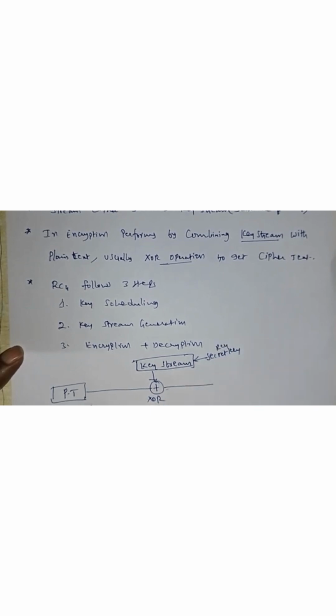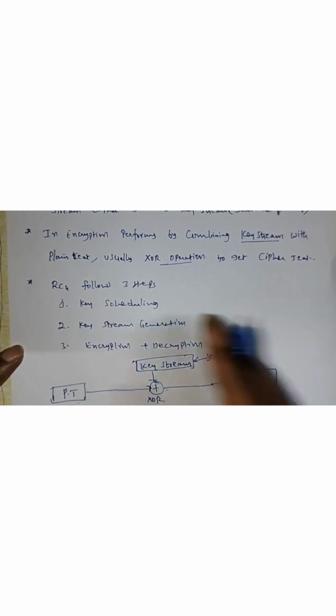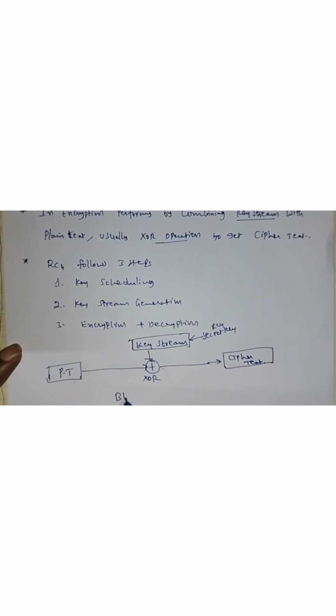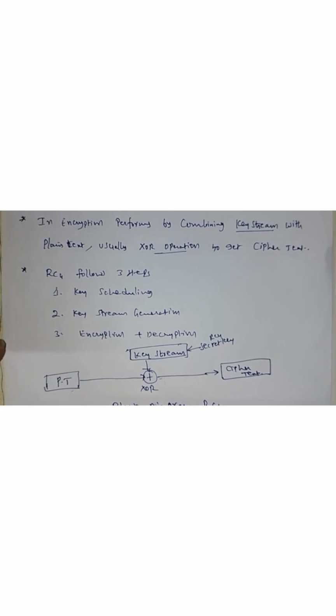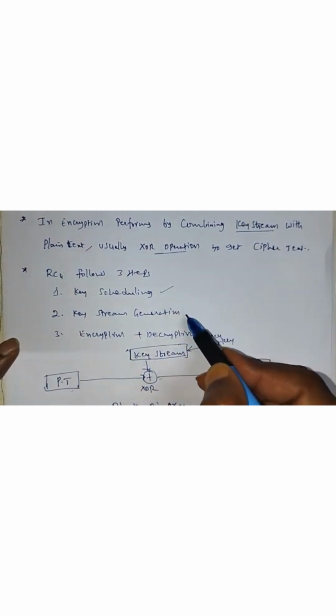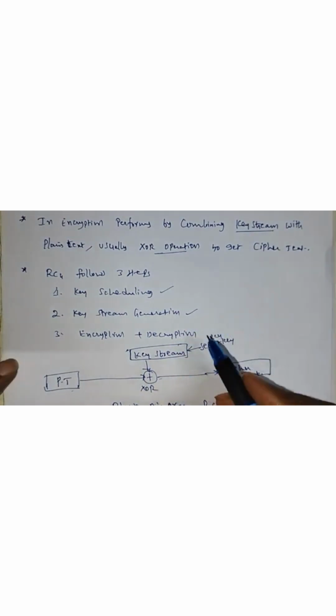After performing the XOR operation of plain text with the key stream, it produces the ciphertext. This is the block diagram of RC4. Clear? And we'll see what happens in the key scheduling algorithm, key stream generation, and encryption and decryption.